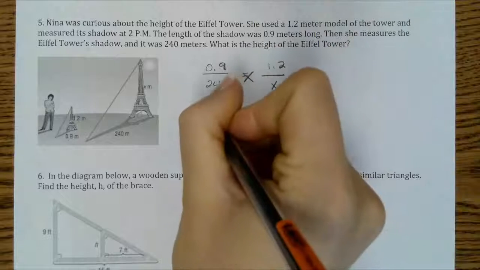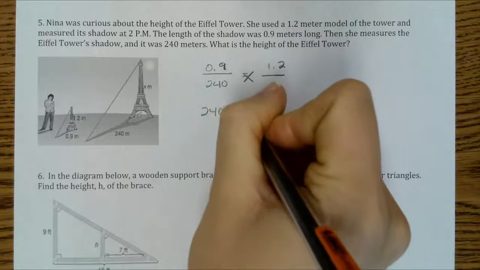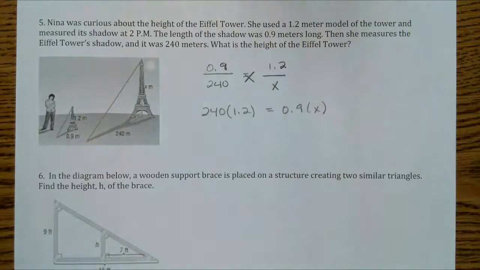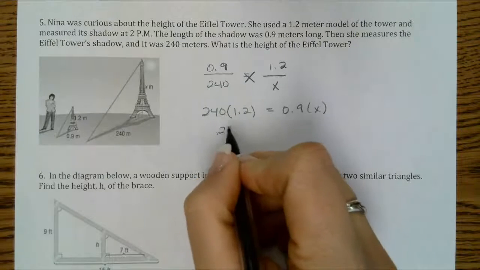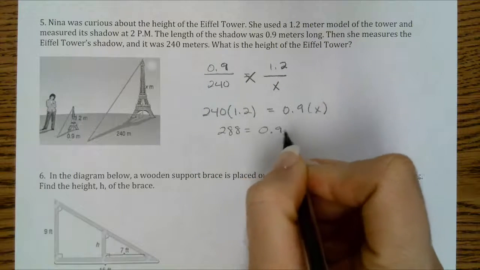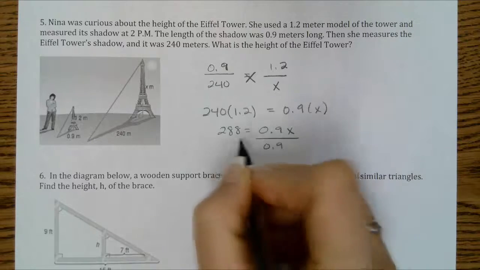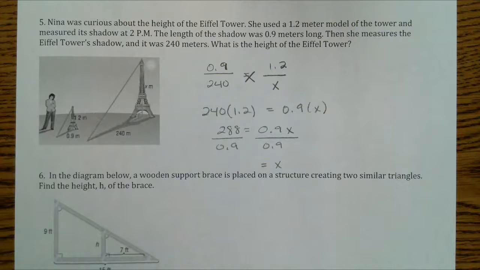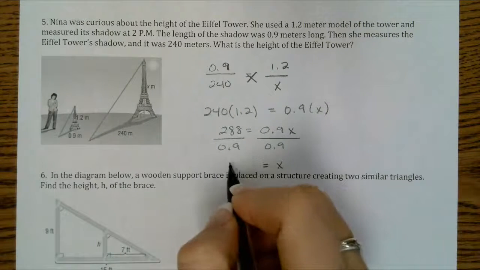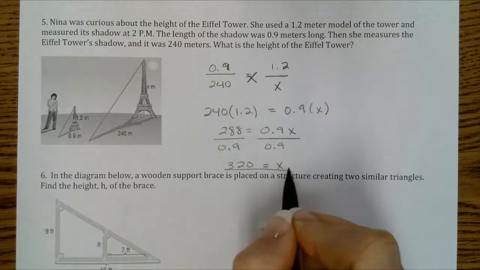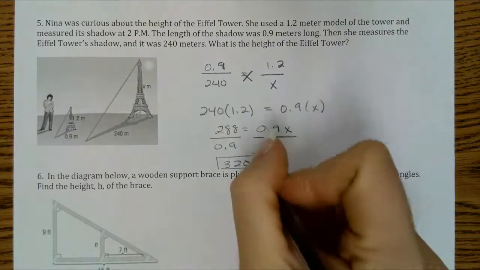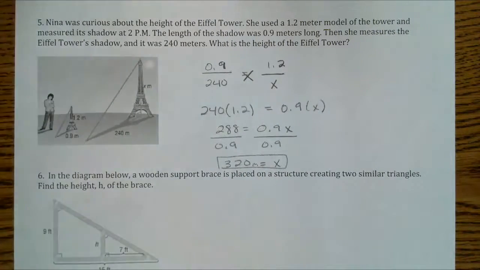So we'll cross multiply, and then we'll divide by 0.9. So that means that the height of the Eiffel Tower is 320, and we can put meters in there.